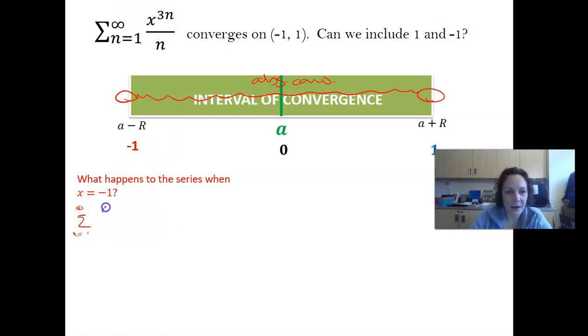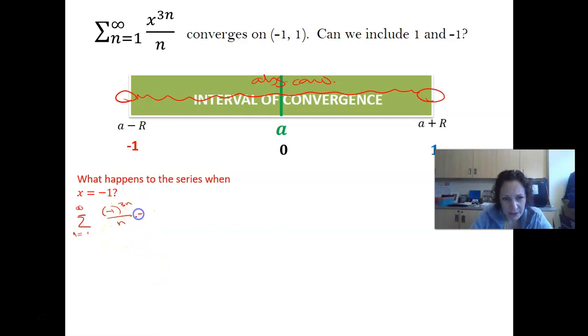Now look what I have. I have a series like we're used to looking at that doesn't have any x's in it, right? So when I plug in a -1 for x, I get an alternating -1, +1, negative, positive, negative, positive, and a 1 over n. The question is, does this converge?